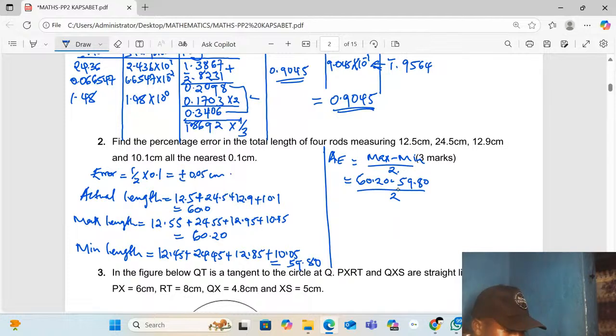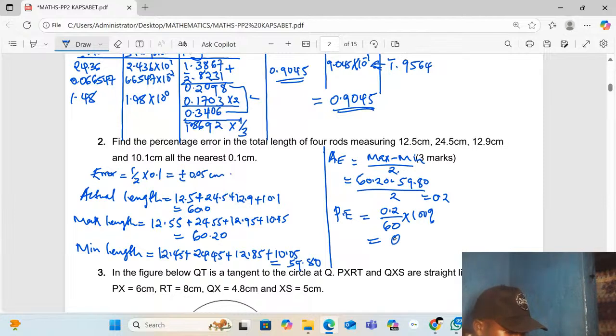So when we subtract and divide by 2, we get 0.2. So the percentage error becomes 0.2 over the actual length, which is 60, then times 100%.